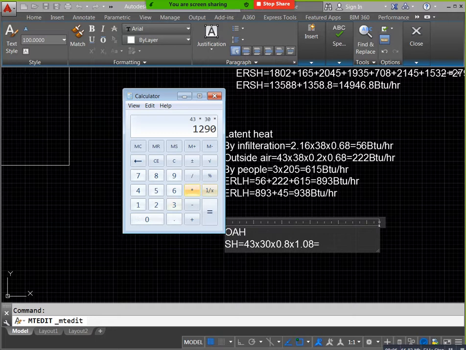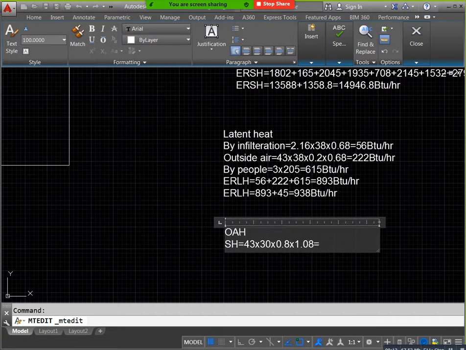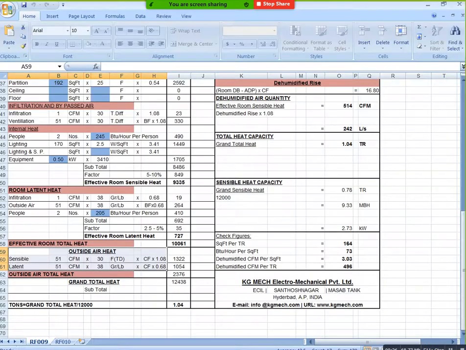Next, LH, latent heat. Latent heat is equal to 43 CFM ventilation into humidity ratio difference into contact factor into 0.68.